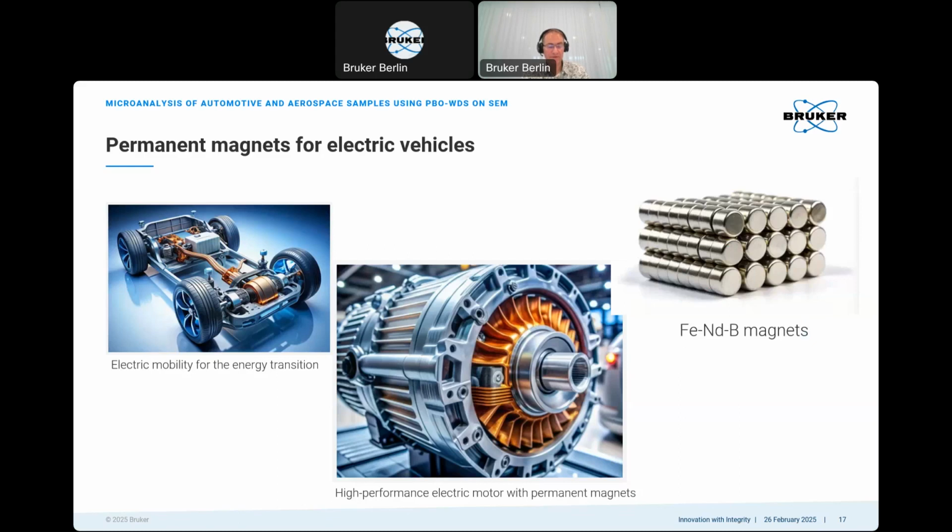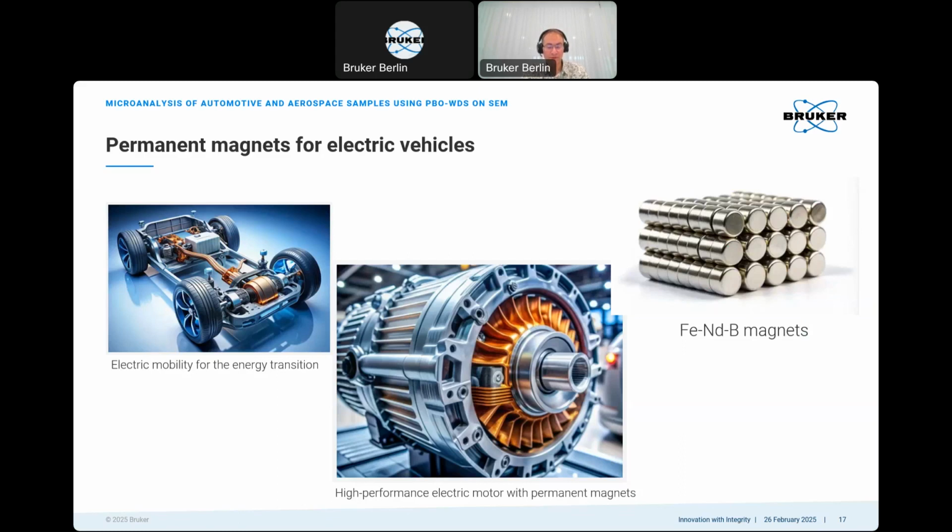And as I said, we need permanent magnets. The most powerful permanent magnets contain rare earth elements such as neodymium. The rare earth elements are critical elements, and probably you did not miss that the rare earth elements are very popular these days in global politics.